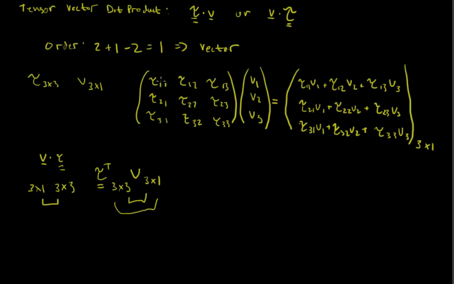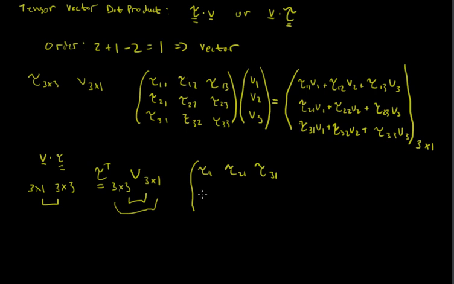What you do is you take everything that's in a column and you put it in the rows. So I'm going to transpose tau here. I'll go tau 1 1, and then I'm taking this term and putting it here. Tau 2 1, tau 3 1.